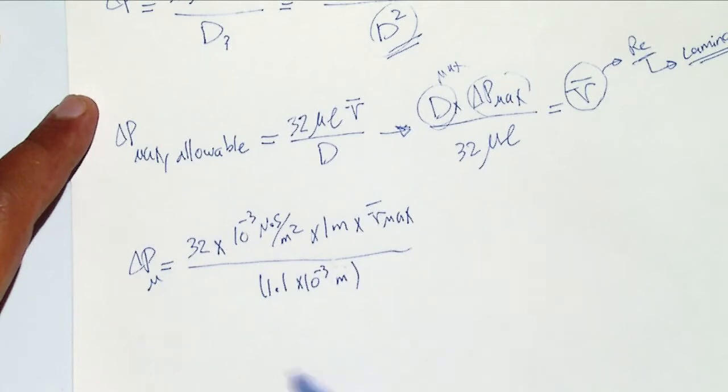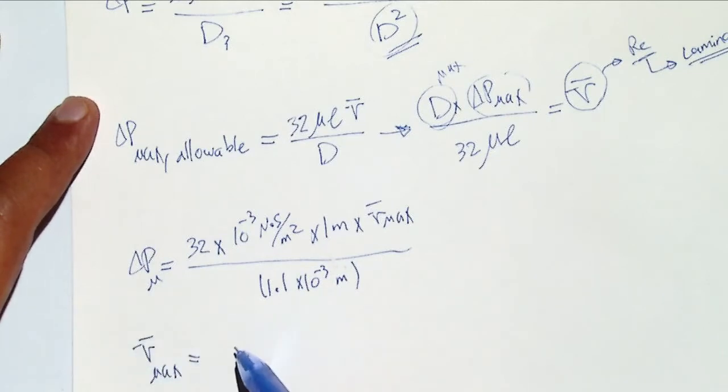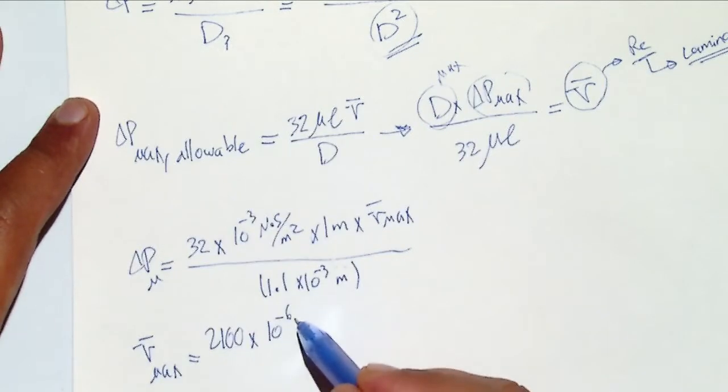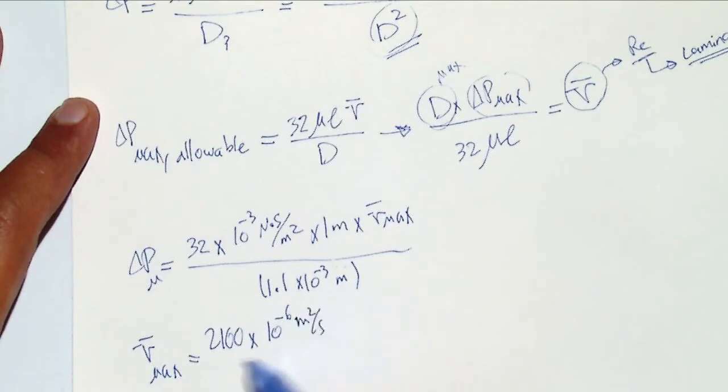Then what's next? Finding the V, right? So V bar max can be found by the Reynolds number times nu over d.